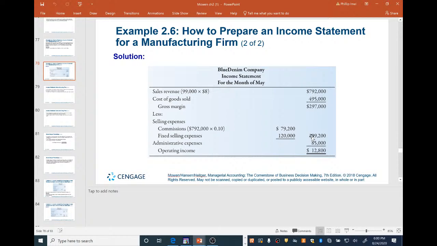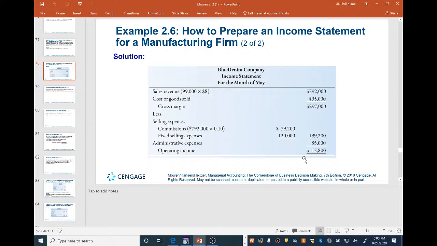And then this total is carried over, and this number is subtracted from your gross margin, okay? And then the administrative expenses right here, $85,000, that's in its own place because that's the general and administrative, the default category. And then you just back these two numbers out from here to give us the operating income.